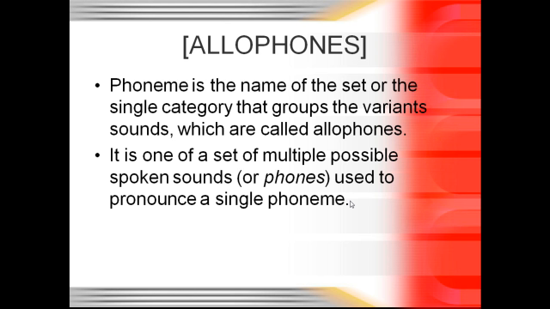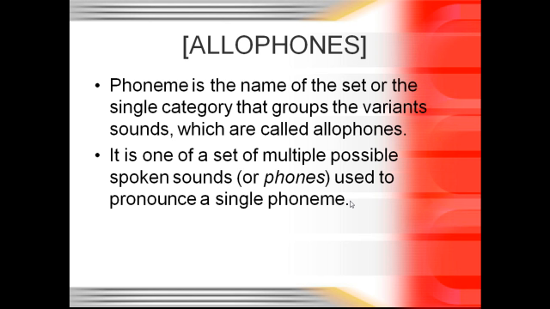It is one of a set of multiple possible spoken sounds used to pronounce a single phoneme. And as you can see, the brackets that I'm supposed to use are the square brackets. That's one of the first things that you can tell to differentiate phonemes and allophones: the way you use the brackets.